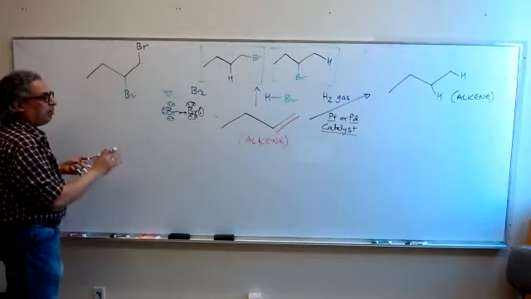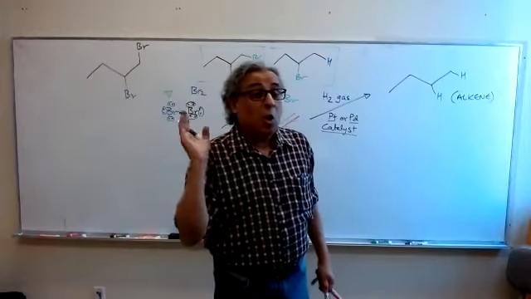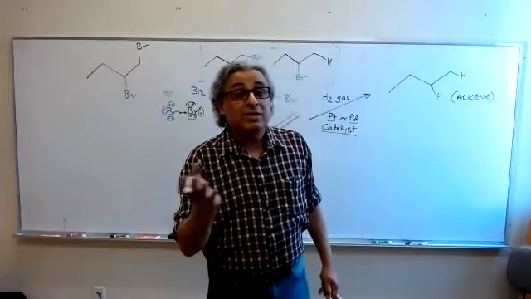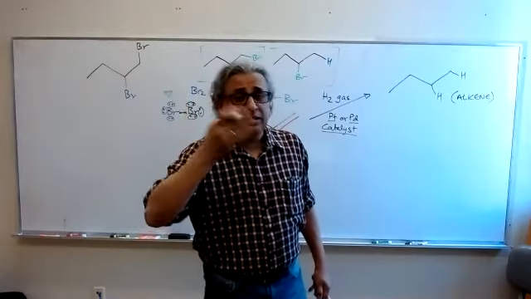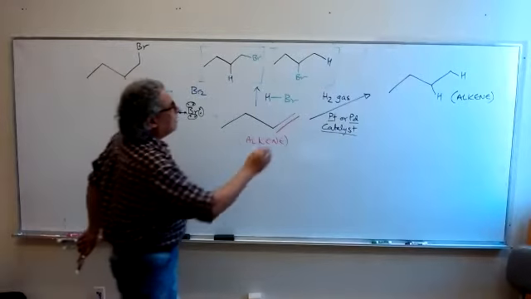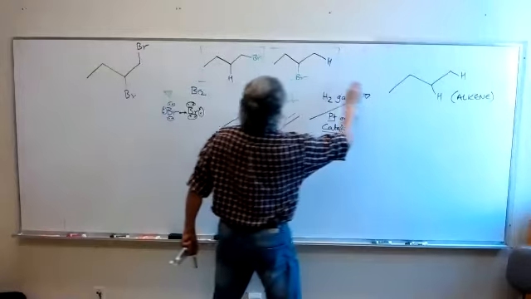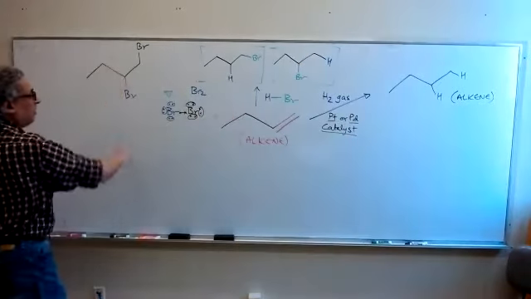You get a dibromo compound. Again, the double bond disappears. You see that in all of these reactions, the double bond is disappearing, and you're forming something with a single bond. It's a substituted alkane. This is just an alkane, and this is a substituted alkane. In this case, 2 bromines got in.